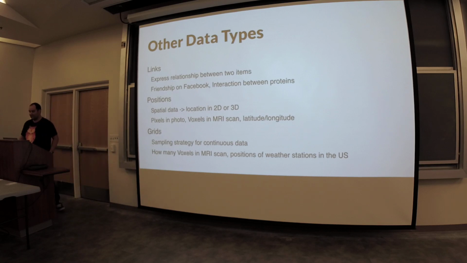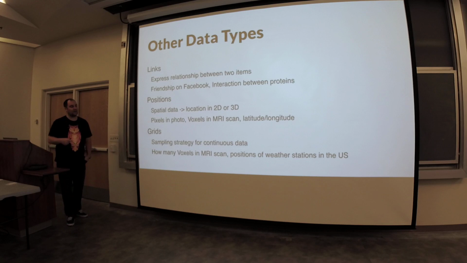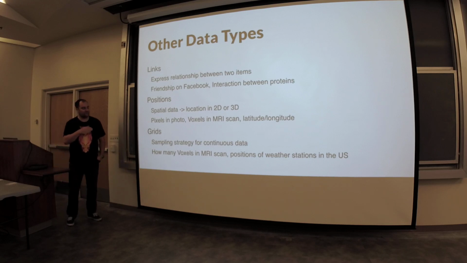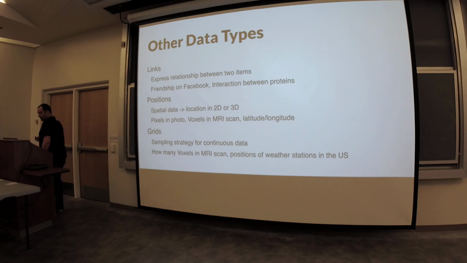Another data type that we care about is positions. They are also distinct. Here we talk about spatial data. It could be the location in 2D or 3D, the pixels in a photo, the voxels in an MRI scan, or latitude and longitude on a map. And then finally, grids are a sampling strategy for continuous data.